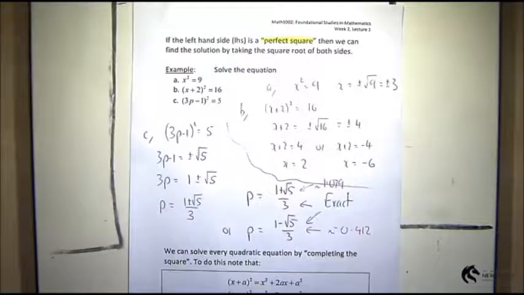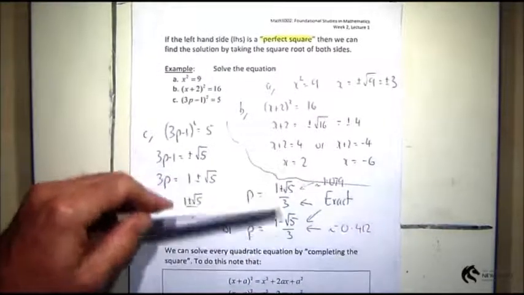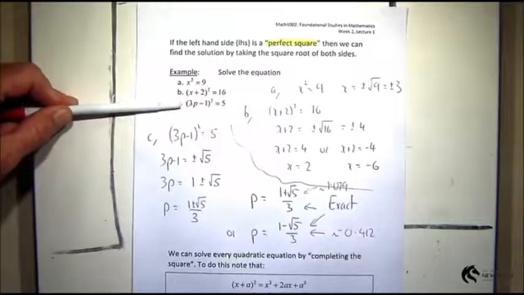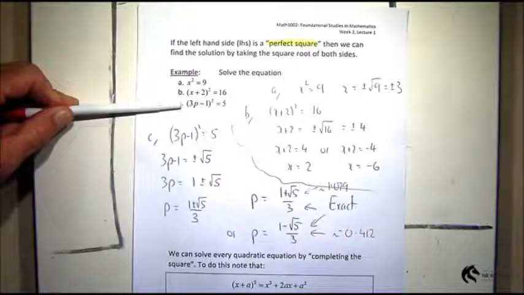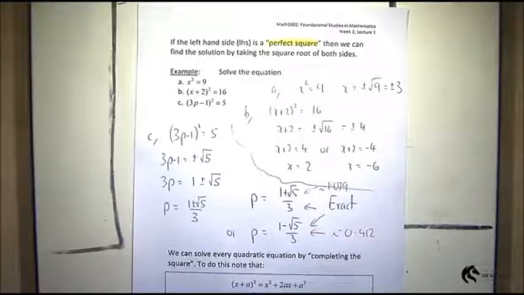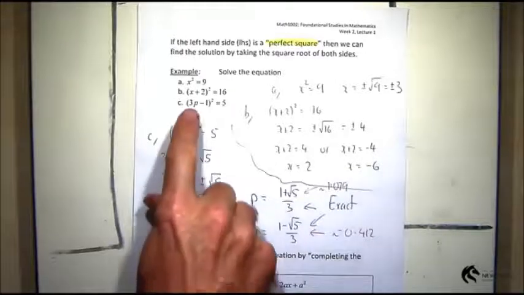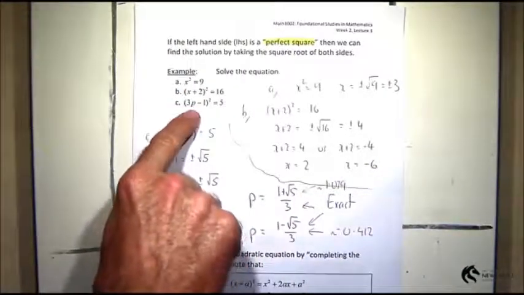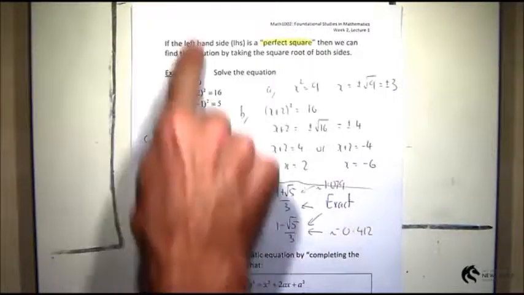So they're the approximate answers, but these are the exact answers. They're the numbers that make this equation true. So, if we can write the left-hand side as a perfect square, we can always find the value that works, is the moral of these examples here.